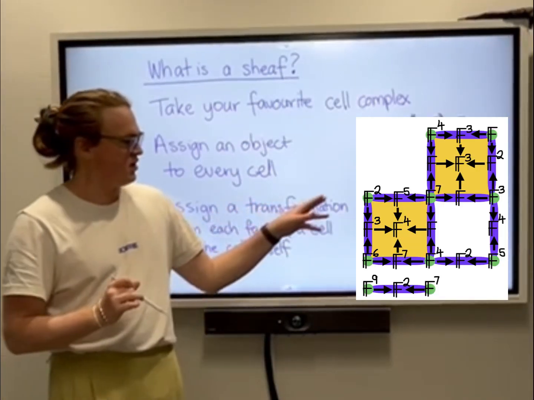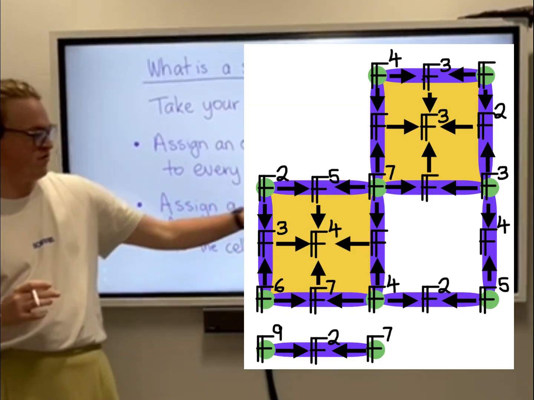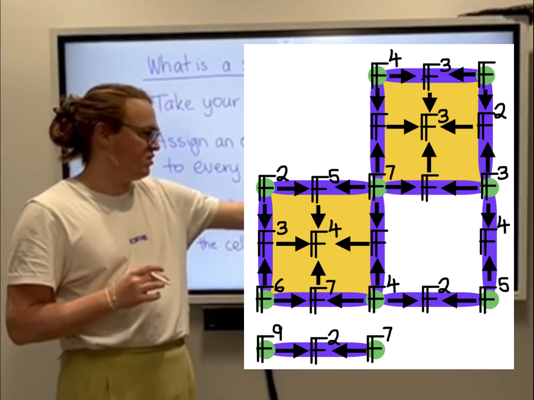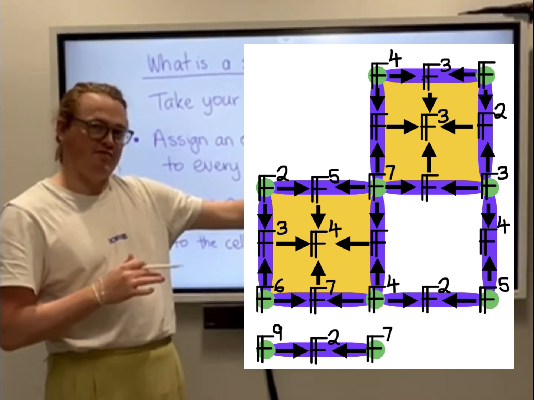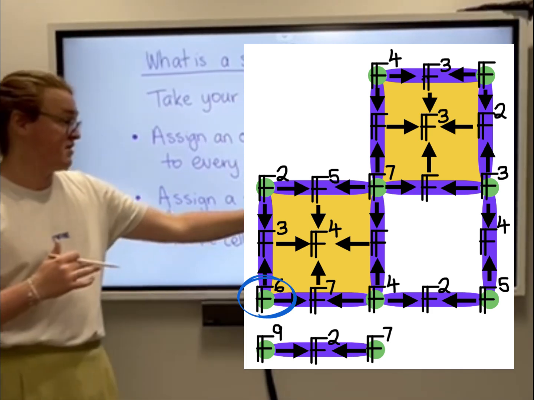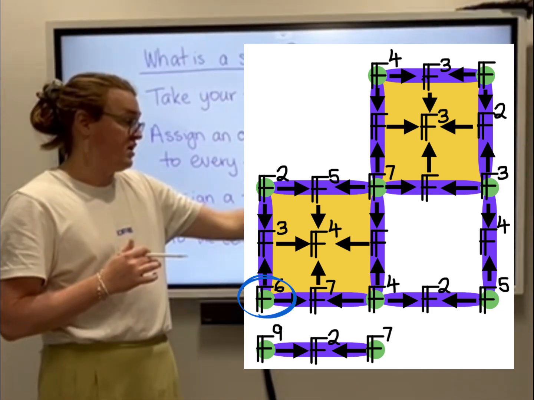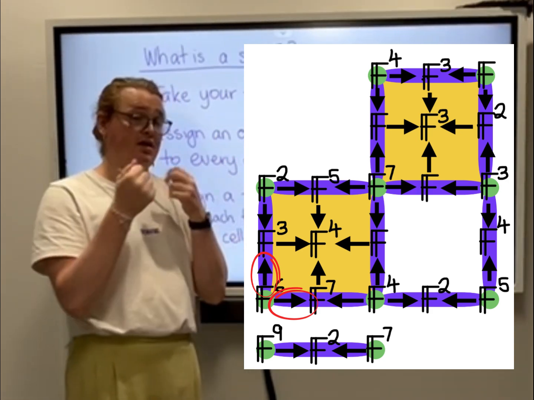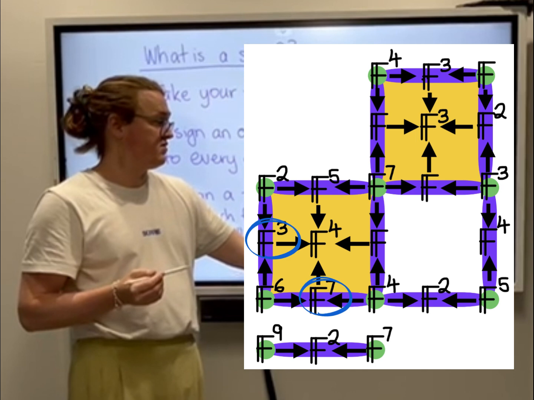Here, for example, I have a transformation from every vertex to its adjacent edges. So I have a map here, for instance, from my vector space F6, my 6-dimensional vector space attributed to this vertex. And I have maps going horizontally and vertically to the adjacent edges and their associated vector spaces.